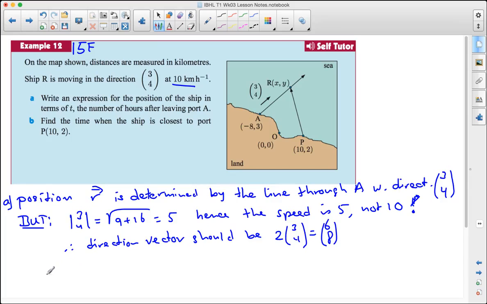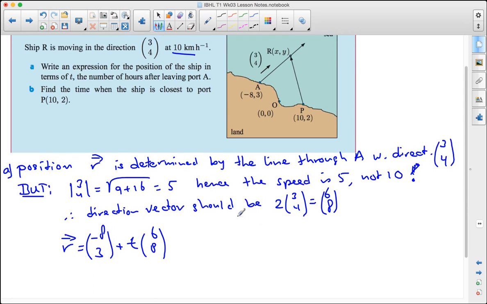And our line, the position, is now negative 8, 3, that's the vector pointing to point A, plus t times 6, 8, the direction vector with proper speed in it.